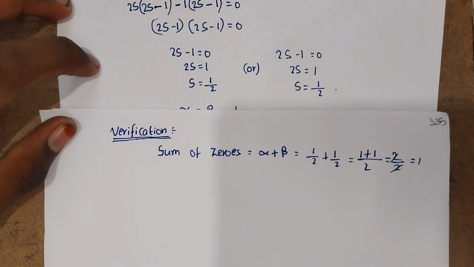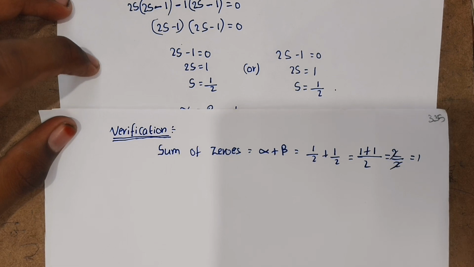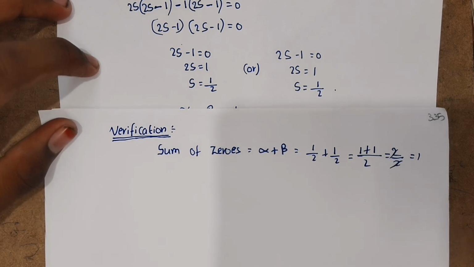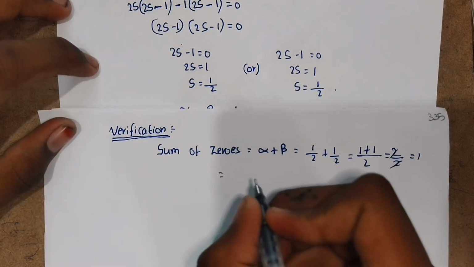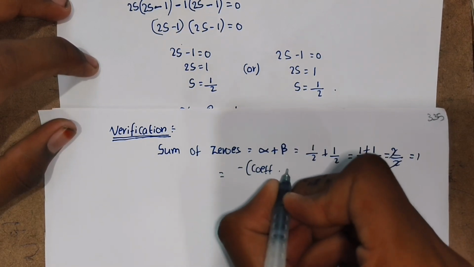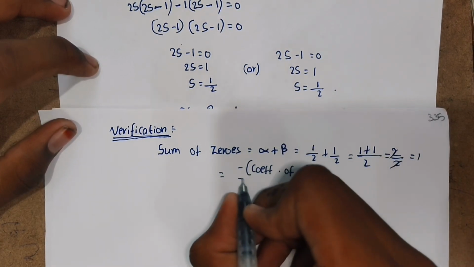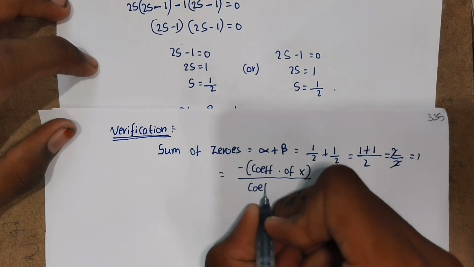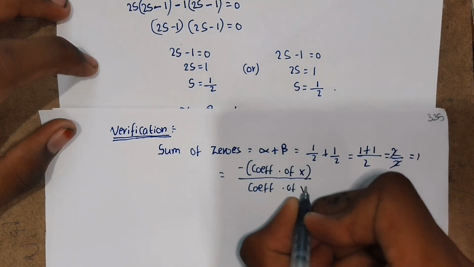We got this by the normal procedure. Let us do the formula procedure. Sum of zeros is equal to minus of coefficient of x by coefficient of x square.